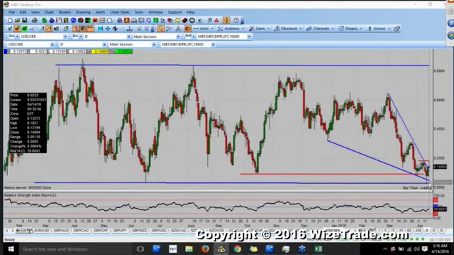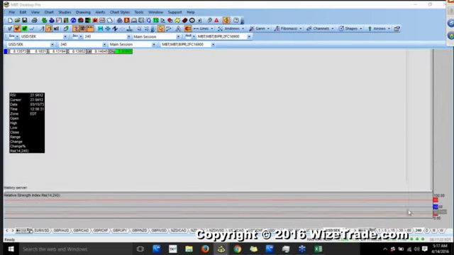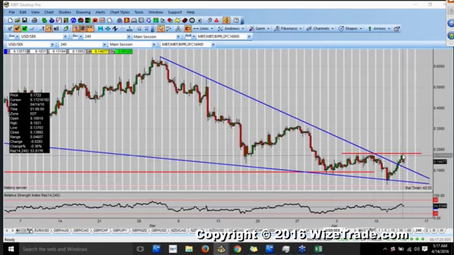Swedish krona, I am still long. My cost average right now is 8.0774. I kind of want to keep this forever. Not forever, but I kind of want to. I sold a little bit last night. This is one of the ones I sold a little bit less of. But look at that resistance.